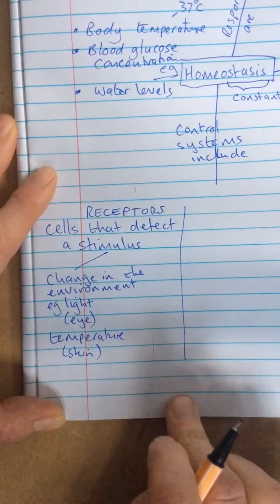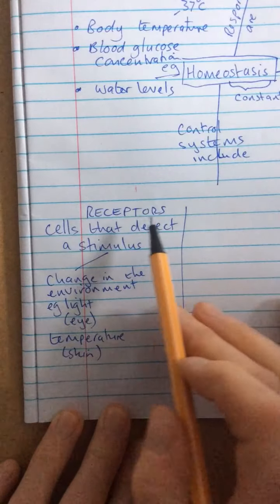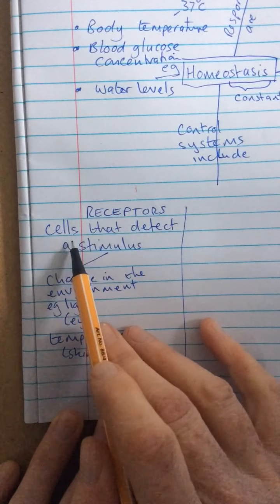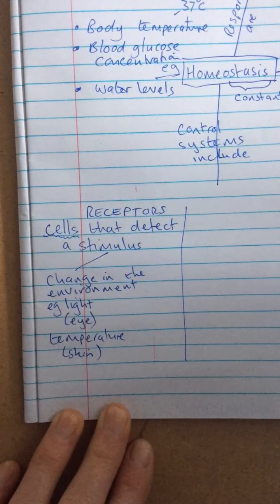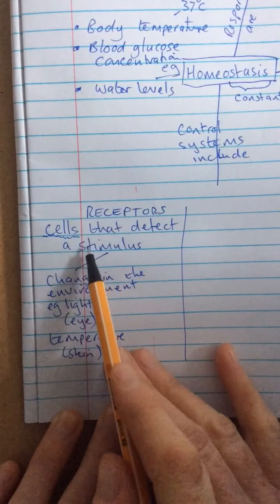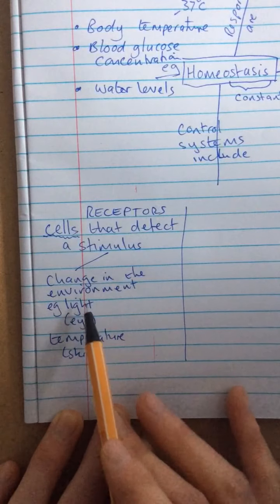If you touch something, it feels hot. So, just to summarise then, a receptor is the first part of a control system. Receptors are cells. That's really important because sometimes you think they're like this strange mythical thing called a receptor. It's just a type of cell that detects a stimulus. A stimulus is a change in the environment, and here are two examples for you.